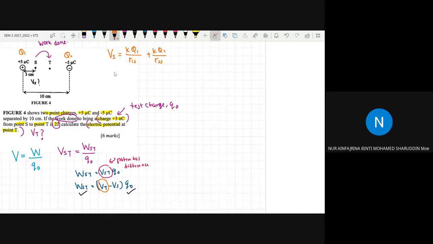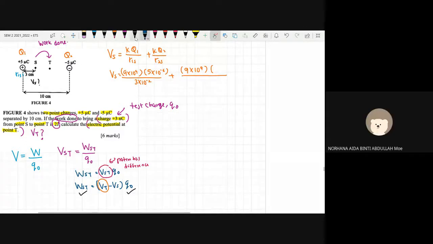So masukkan sahaja nilai dia. So K adalah 9 times 10 to power of 9. Charge 1 adalah 5 times 10 to power of negative 6. And distance between charge 1 to S adalah 3 cm. Tambah juga dengan 9 times 10 to power of 9. Charge 2. Okay, untuk electric potential, Miss perlu masukkan negatif atau tidak?